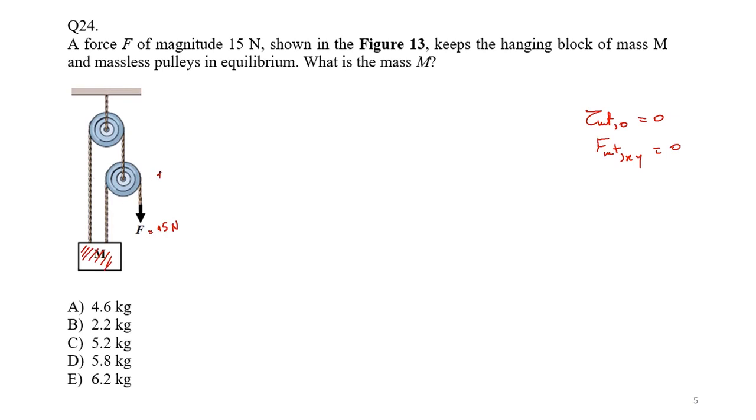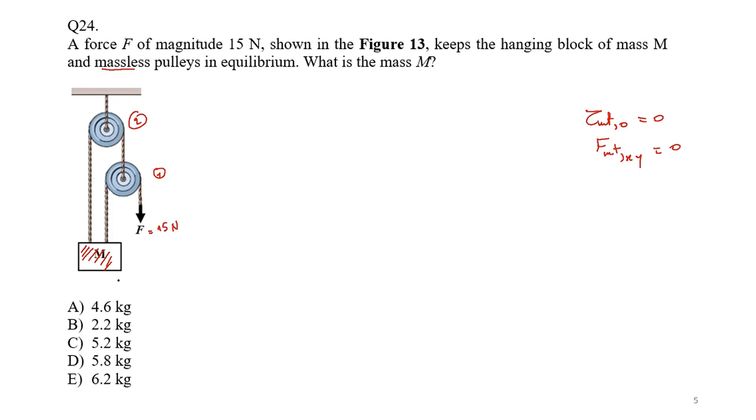This pulley 1 is in static equilibrium, but also this pulley 2 is in static equilibrium. But here I made sure that these pulleys are massless, okay? And they are not rotating. They don't have a moment of inertia. Of course, they have a radius, but they are massless, because their mass is negligible compared to the mass of the block. So now the question is, what is the mass of the block?